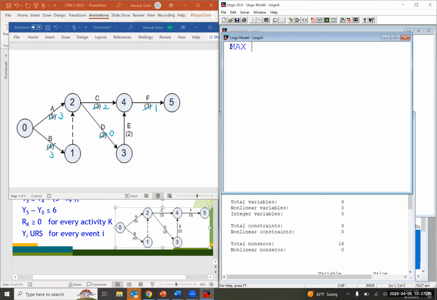So that's going to be 3 times x02, plus 3 times x01, plus 2 times x24, plus 2 times x34 plus x45, right?